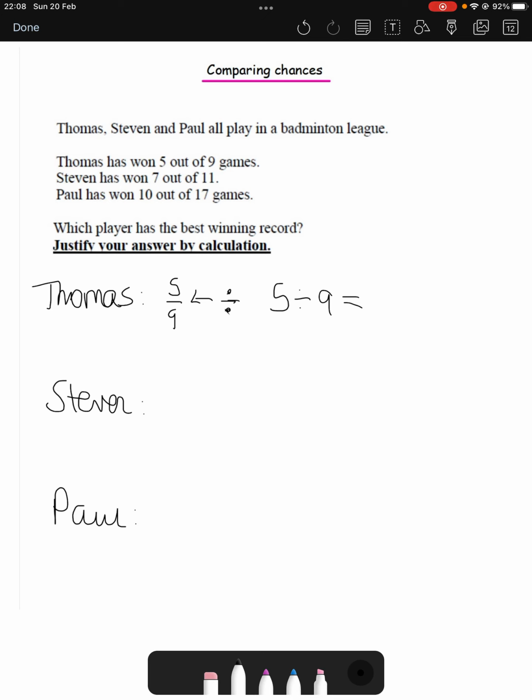And I'm just going to write down the first 2 numbers, right? So 0.55. Then we do Stephen. So Stephen is 7 divided by 11.